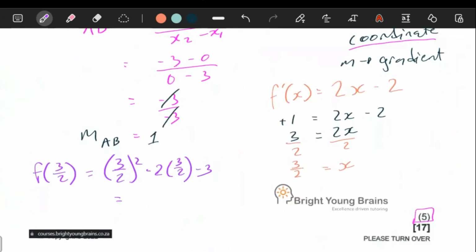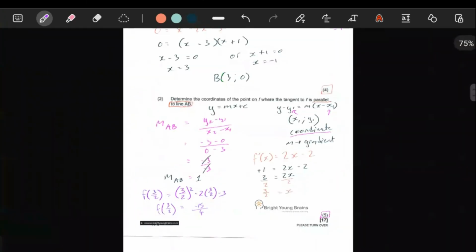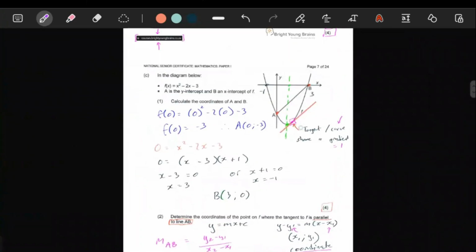Now, in your calculator, let's see what we get: 3/2 squared, then 3/2, then minus 3. That's -15/4. So this is telling us the coordinate where the graph meets the tangent, which is over there.